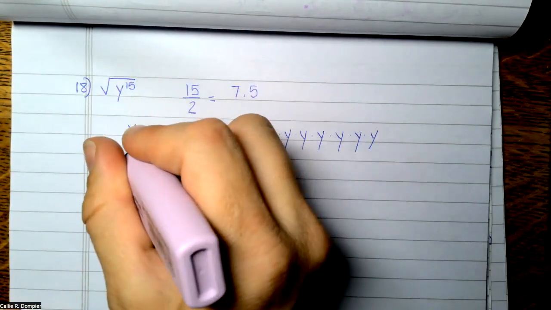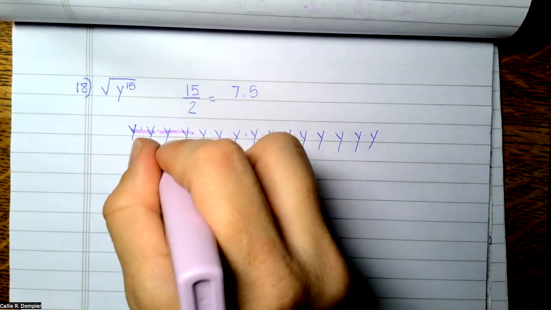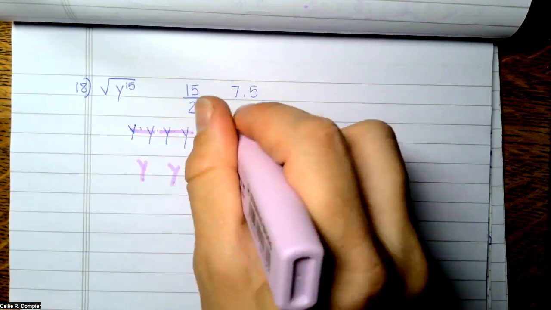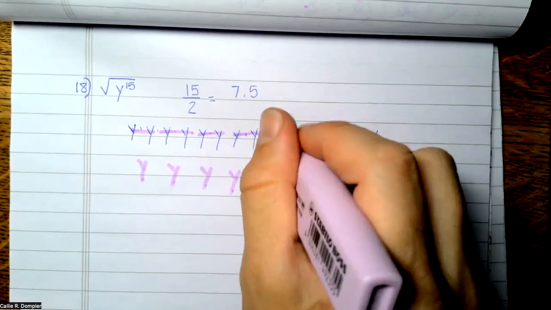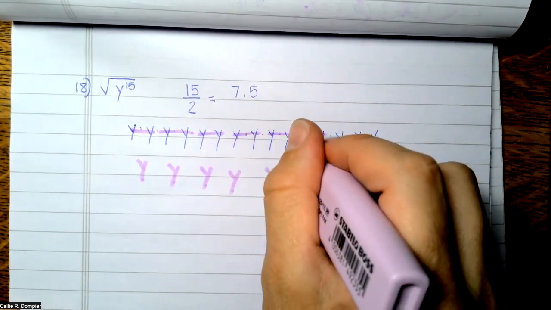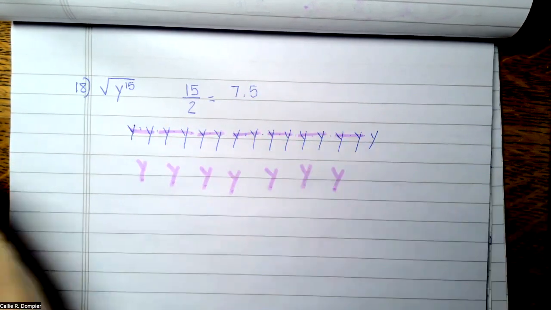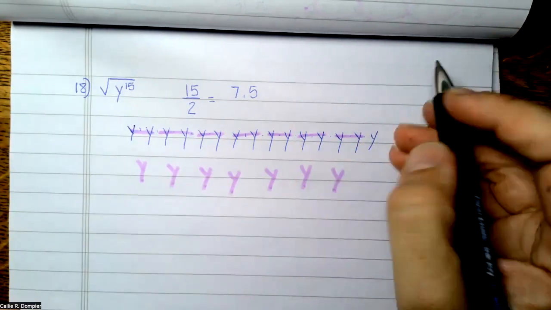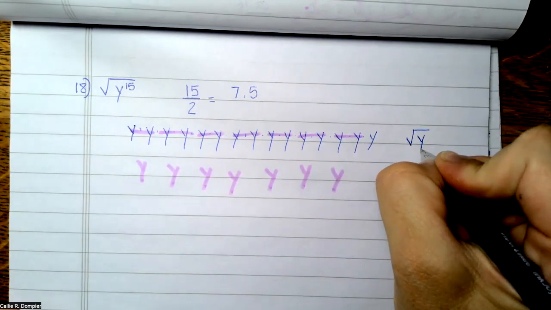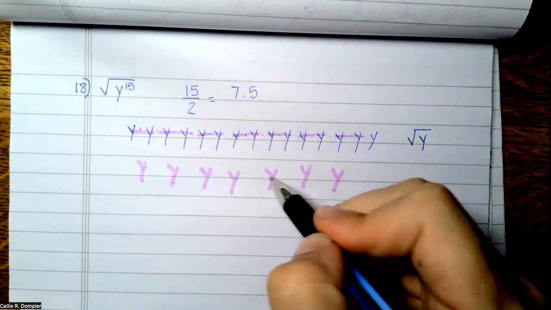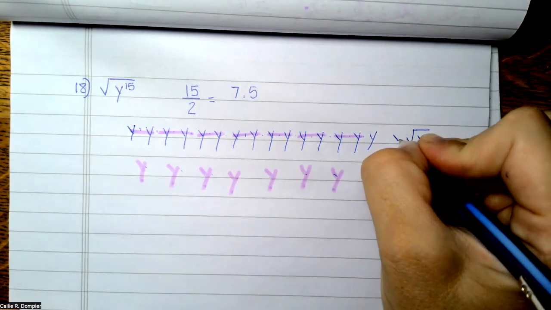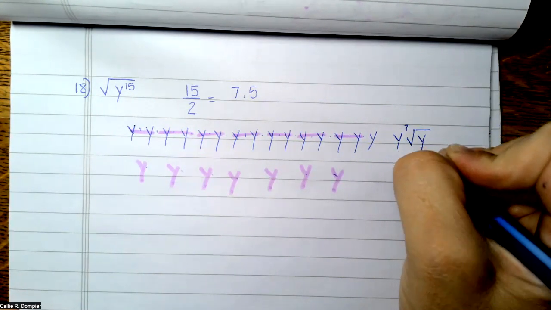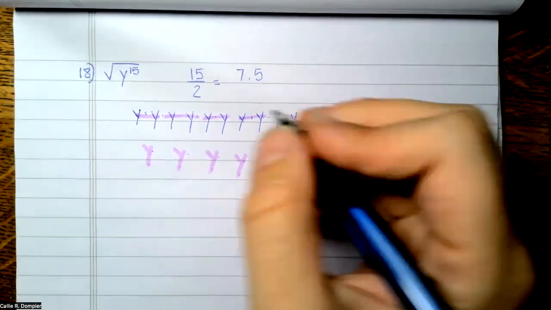So this becomes 1, this is 1, this is 1, this is 1, this is 1, this is 1, and this is 1. That y is going to stay in. So that's still the square root of y. But we have 1, 2, 3, 4, 5, 6, 7. So y to the 7th times the square root of y for 18.